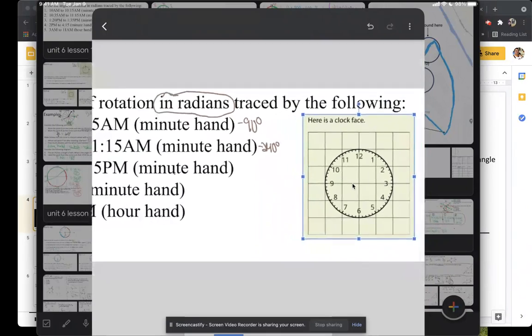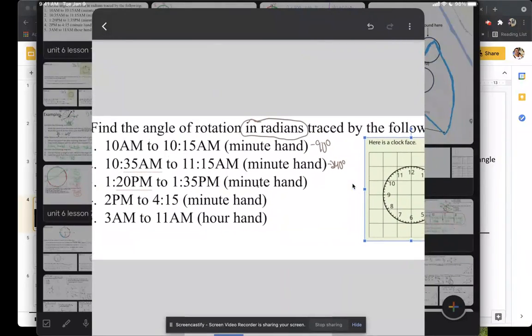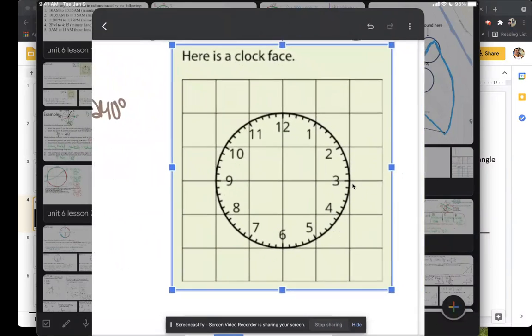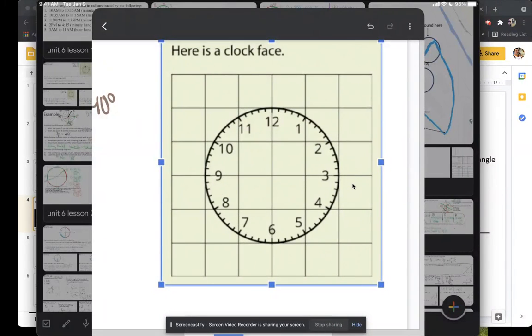Okay, let's move on to number 3. We're going from 1:20 p.m. to 1:35 p.m., the minute hand. At 1:20, 20 minutes after the hour, the minute hand is going to be here.